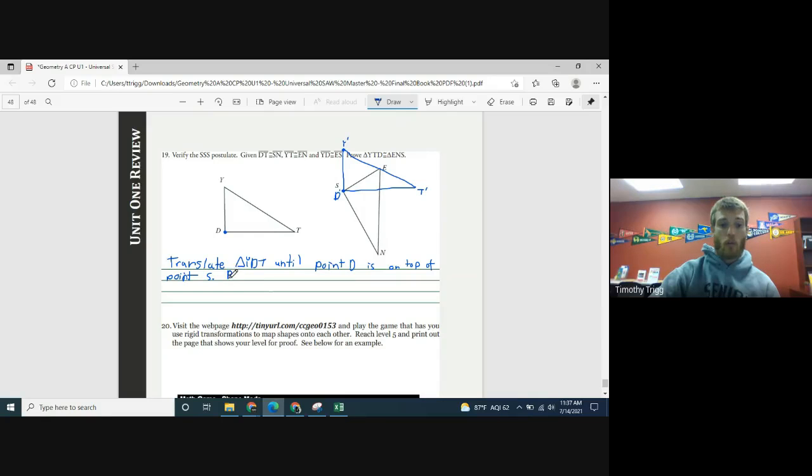Once we've done this translation, we want to do a rotation. So we're going to rotate triangle YDT until the other points line up, or we could just say until the two triangles line up.